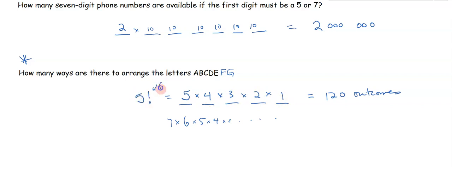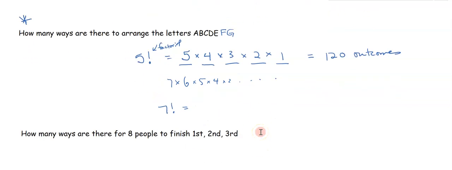That means factorial. 5 factorial means you take the 5 and you keep taking 1 off, all the integers below it down to 1, and that's 5 factorial, the number of outcomes to arrange 5 things. 7 factorial is the number of outcomes to arrange 7 things, right? So that is a new notation that is used in probability and mathematics, factorial.